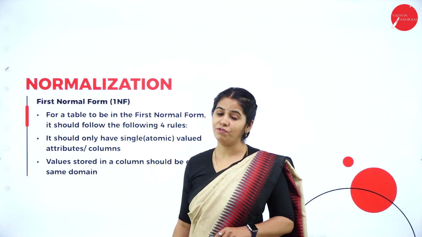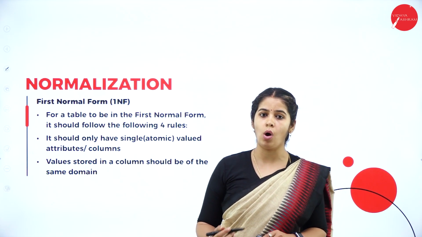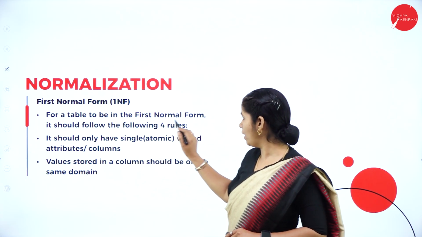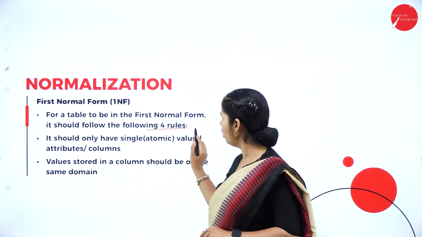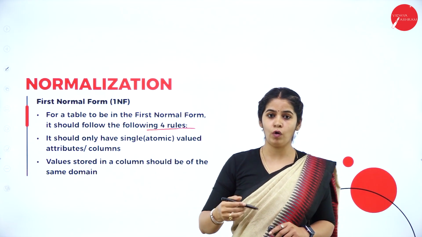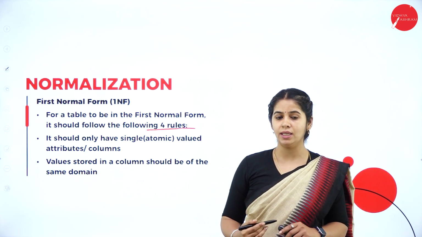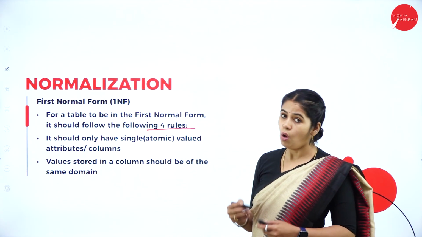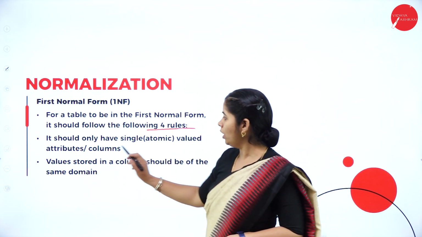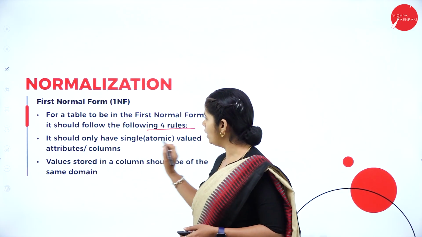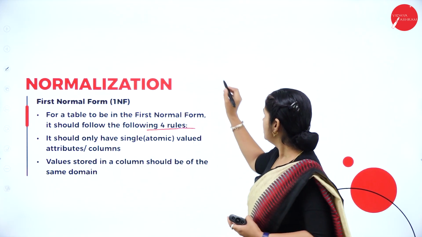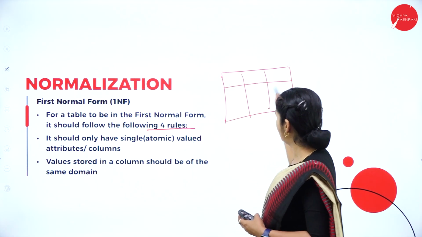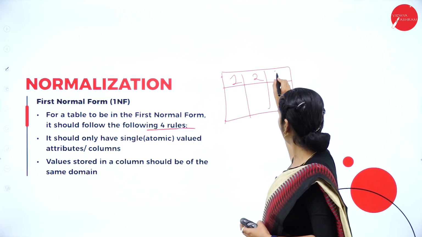The first normal form: when can we say the relation or the table is in first normal form? For the table to be in the first normal form, it should follow 4 rules. Whenever a table follows 4 constraints, we can say that the particular table or relation is in first normal form. What are those 4 constraints? It should have only single valued attributes or columns. See, if this is my table, say I have 3 attributes, attribute 1, attribute 2 and attribute 3.